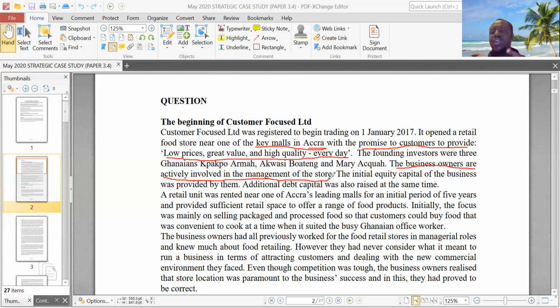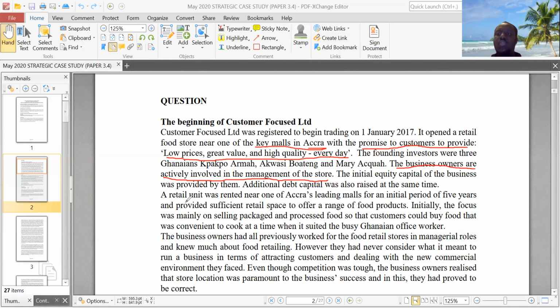Now we are delving into the capital structure. It says that the initial equity capital of the business was provided by the founders. So they put in their money, personal money, into the business to run the business.